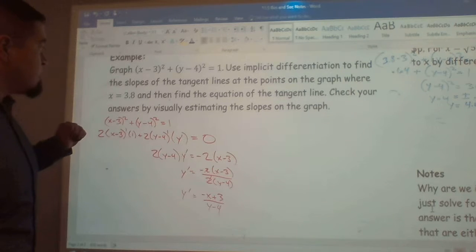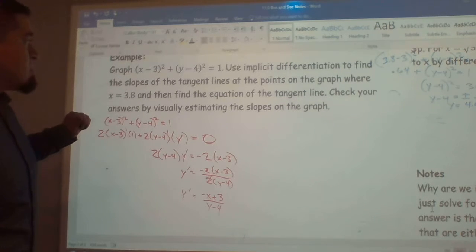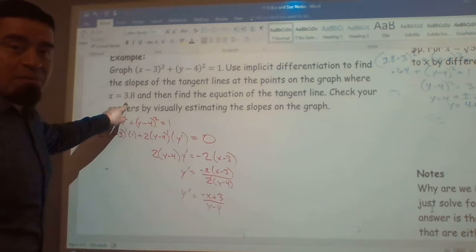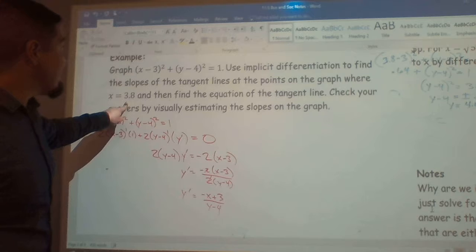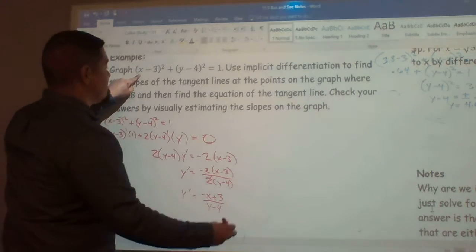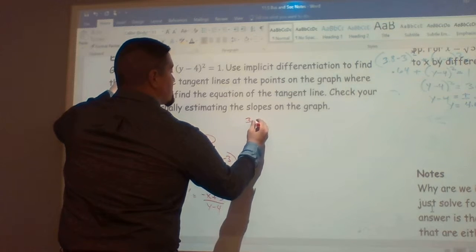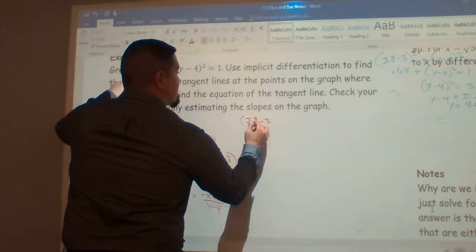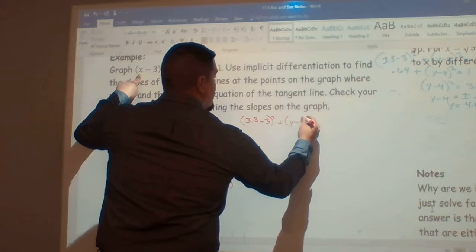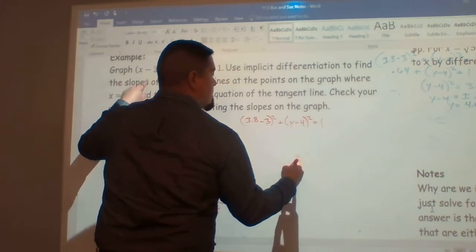However, they do ask us to evaluate when x equals 3.8 like the previous problem, except they don't give us a y. So we're going to use this 3.8 in the formula, and we're going to solve for y. So we don't have y equals 1.